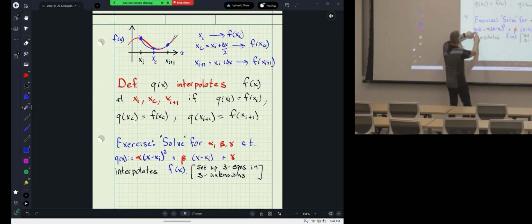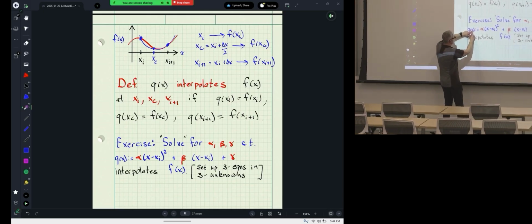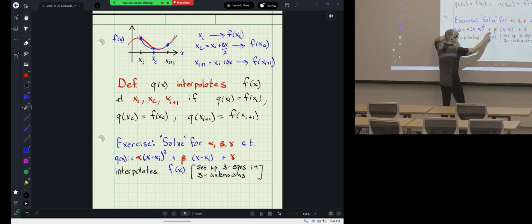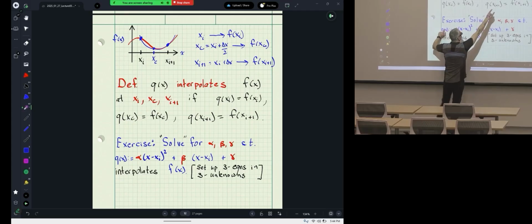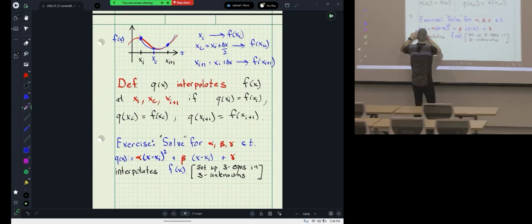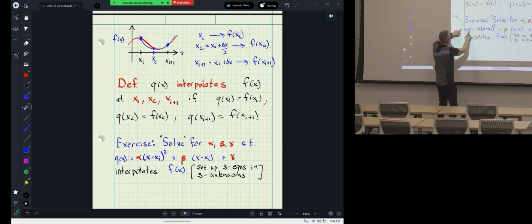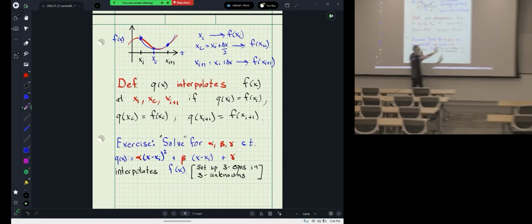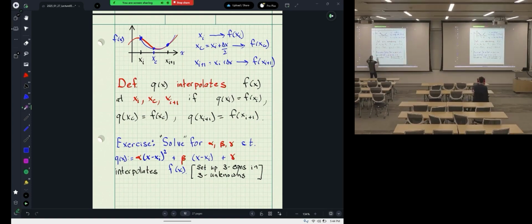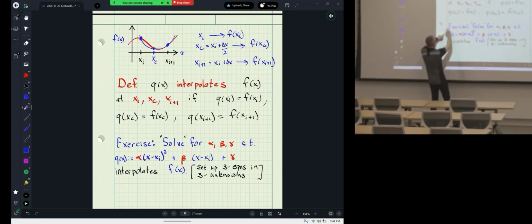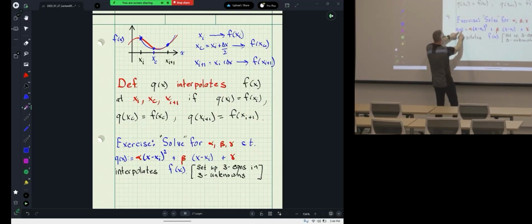So I think many of you see when you plug in xi here, this vanishes, and when you have f of xi equals q of xi, you have f of xi equals q of xi equals gamma. So gamma is trivial. Okay, next formula, f of xc equals q of xc.